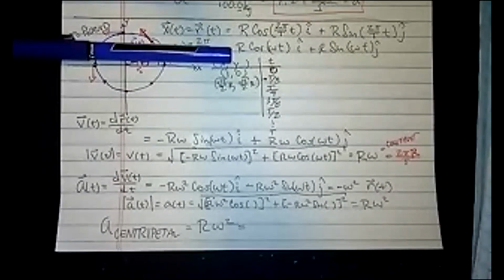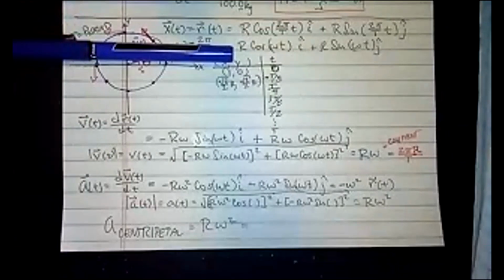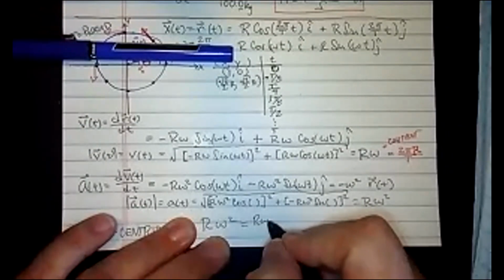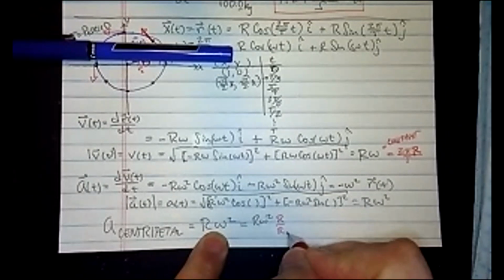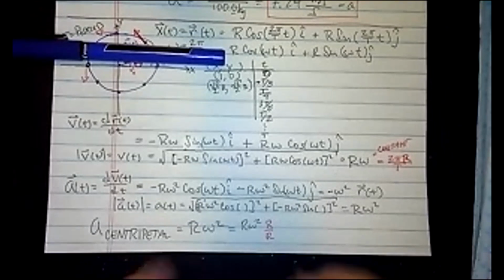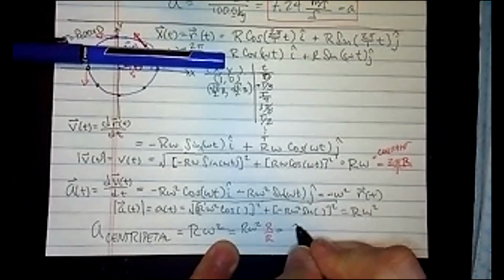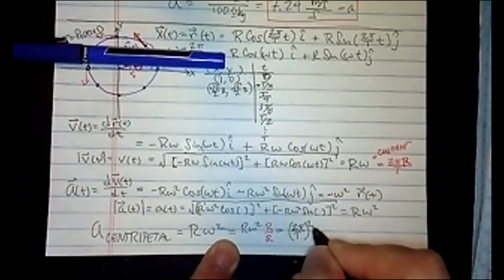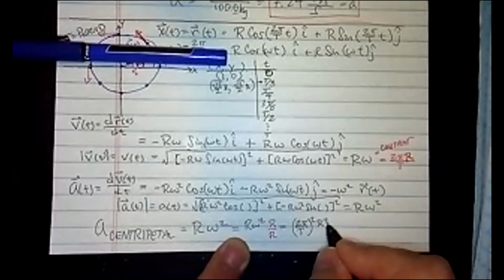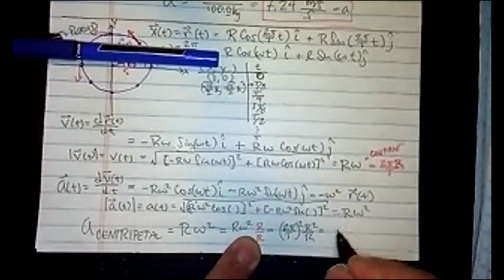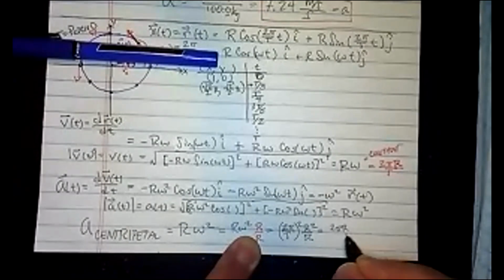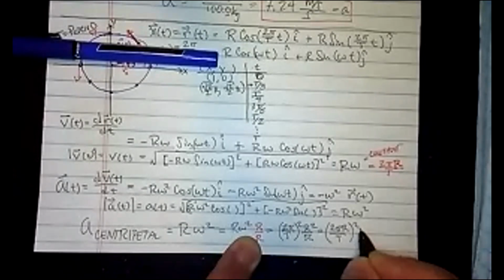But something you can also do is you can take that r omega squared and multiply it by r over r. And then when you do that, you're going to get 2 pi over T squared times r squared over r, which I think you can see immediately becomes 2 pi r over T squared times 1 over r.